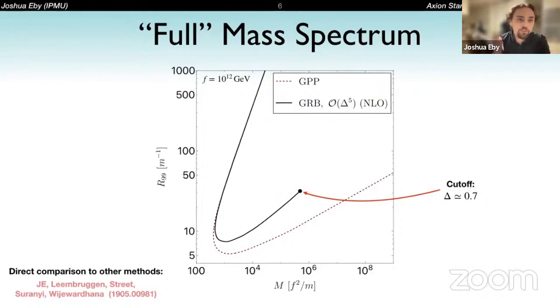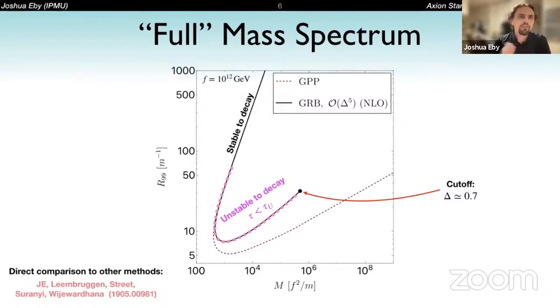In the perturbative calculation, of course, you know how well you can control your expansion just by taking the expansion parameter up to some particular value. The other thing to point out is that within the same calculation, we can calculate the stability of the axion star to decay, and we find that states all across the dense branch and on part of the transition branch are unstable to decay.